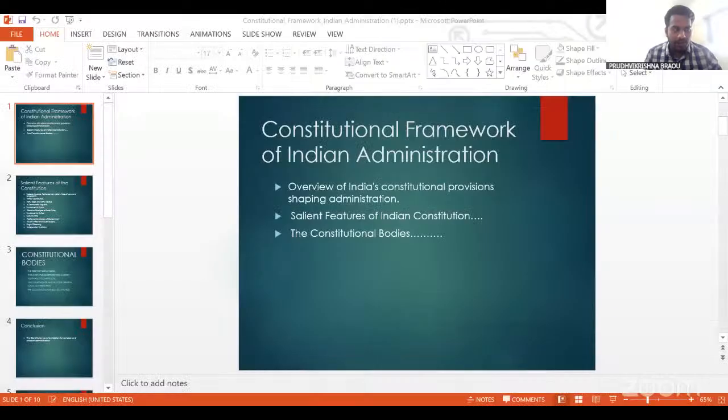Here we will learn about some salient features of the Indian Constitution and some constitutional bodies.